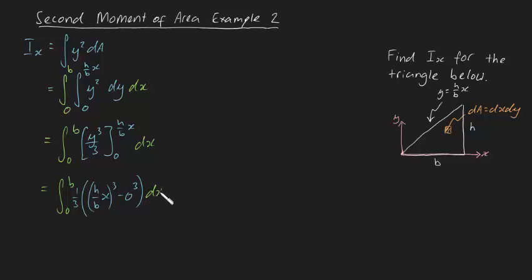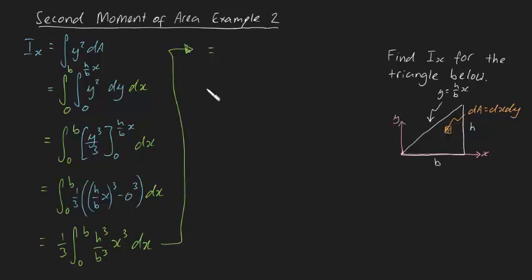We can factor out the 1/3 because it's just a constant, so it's 1/3 with the integral from 0 to b of h cubed on b cubed times x cubed, and we're integrating over dx, so this turns into a more traditional integral which we're used to.